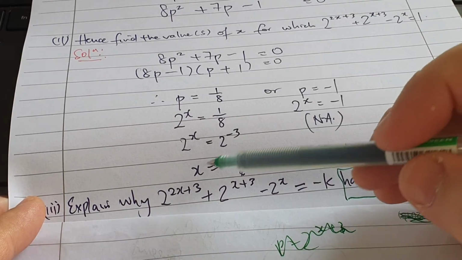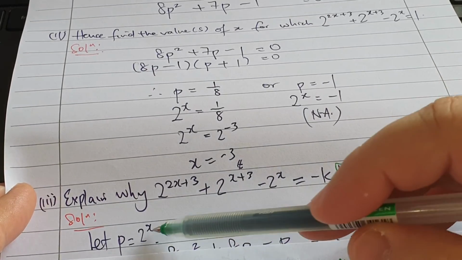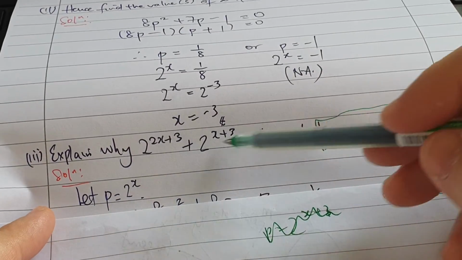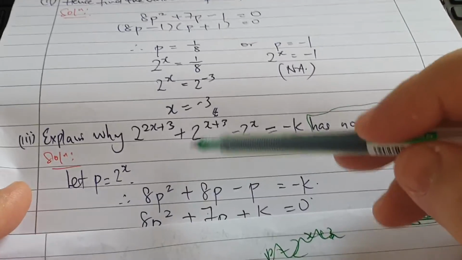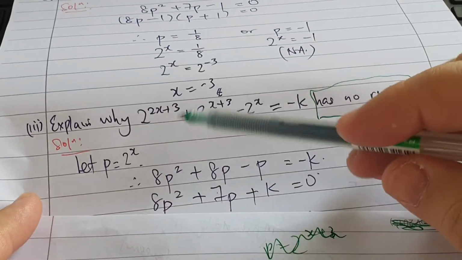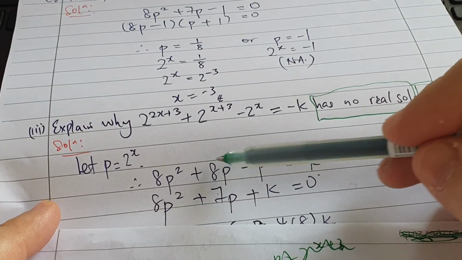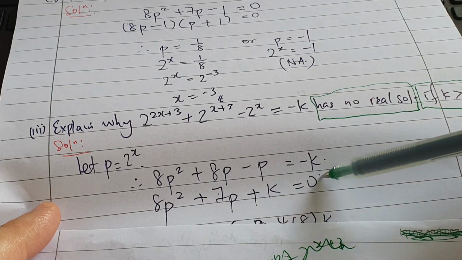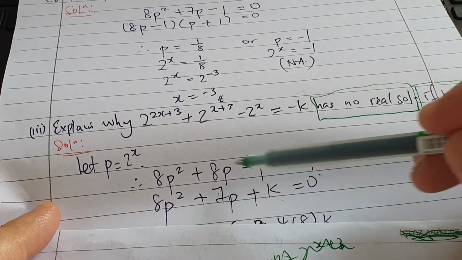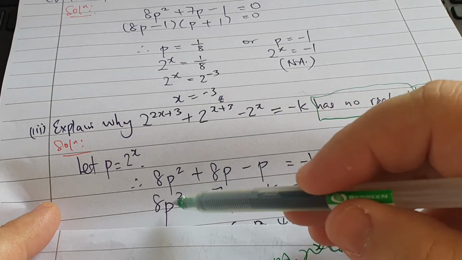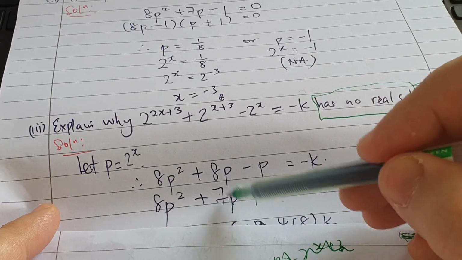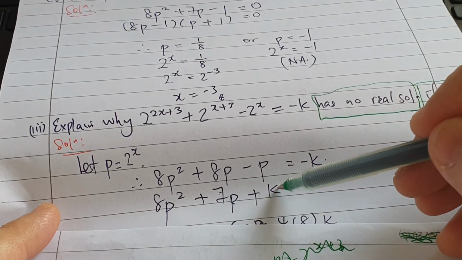So what you do is, again, you apply this strategy of simplifying all these indices inside this equation into a very simple equation which consists of p square, p, and a number k.